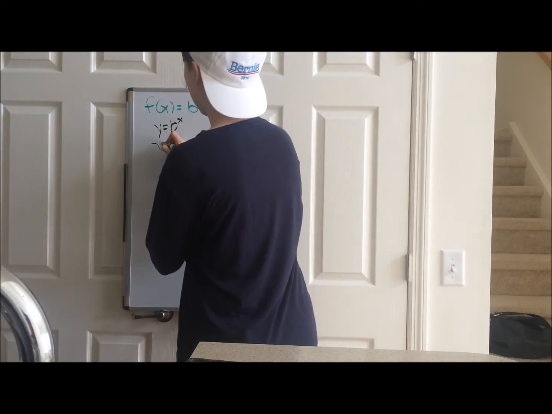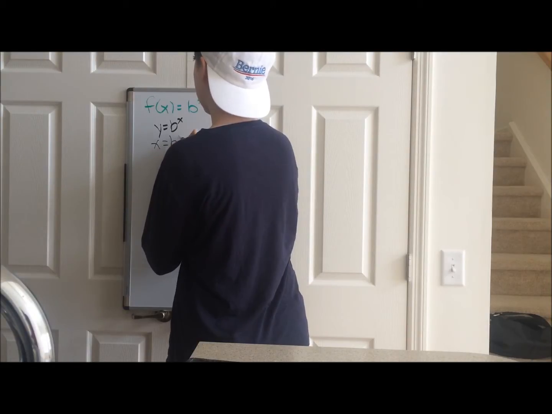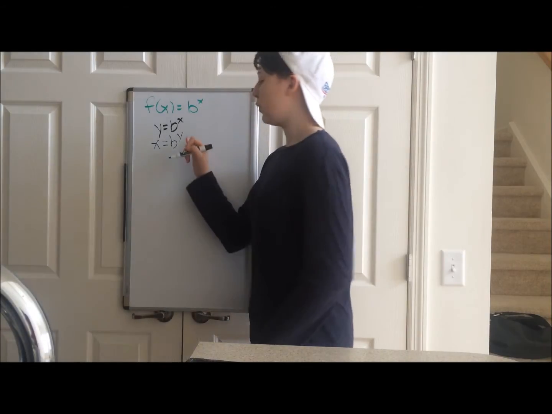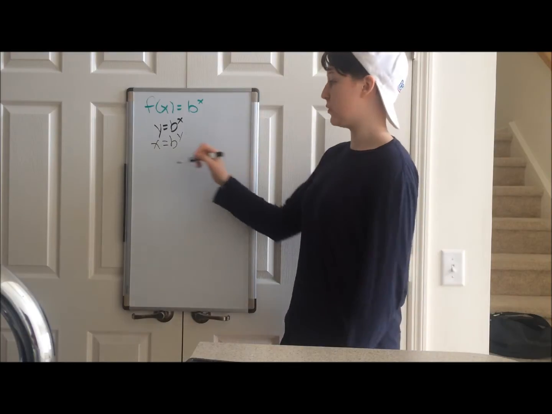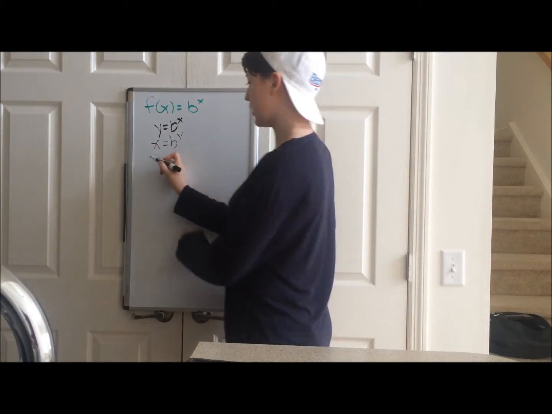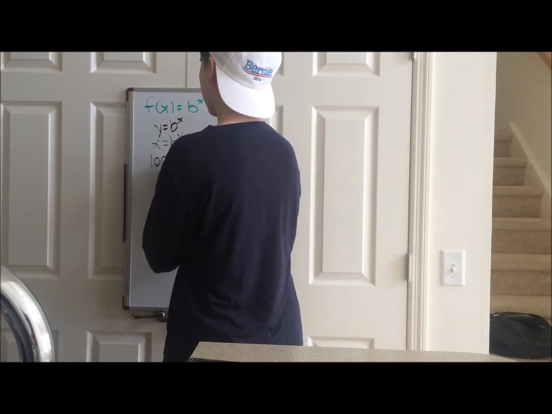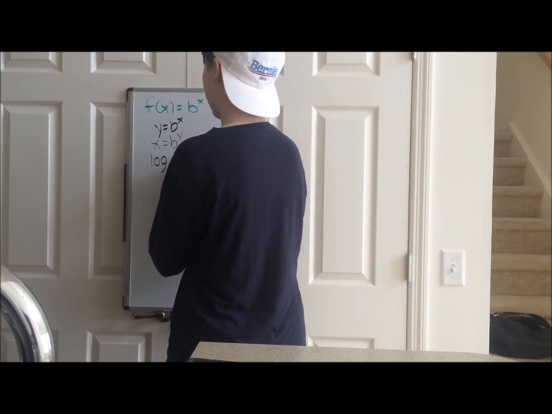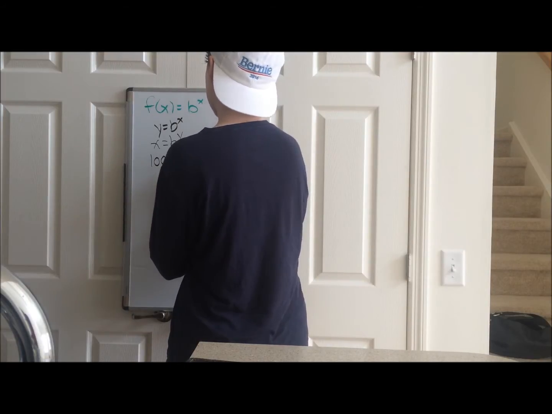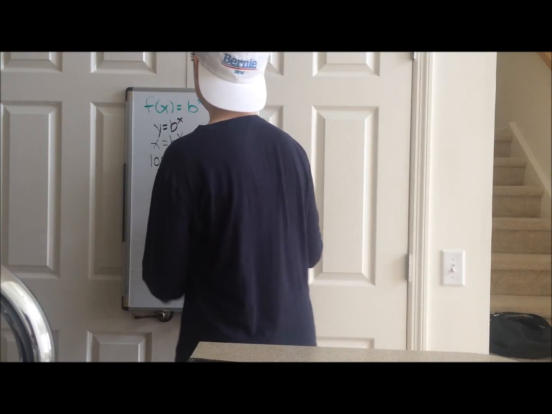So you get x equals b to the y. You want to isolate the y, and to do this, you take the log base b of both sides. So you get log base b of x equals log base b of b to the y.